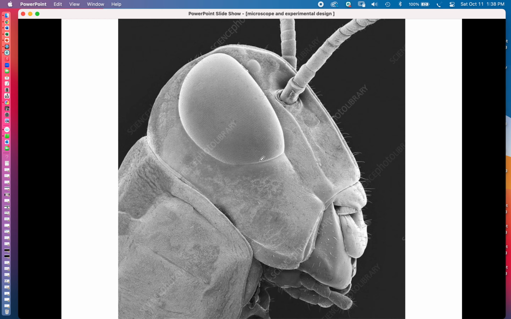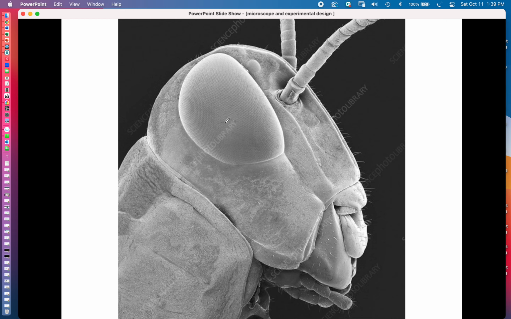A really common thing is to look at the surfaces of organisms like insects. That can help in a variety of ways to identify the species in detail or to look at the features of its body. And in SEM, the way that works is we actually have to spray paint the specimen with a gold or other metal, and that's going to block all the light, and we're going to look at light that's bouncing off that painted surface.